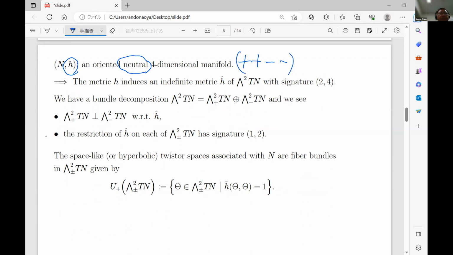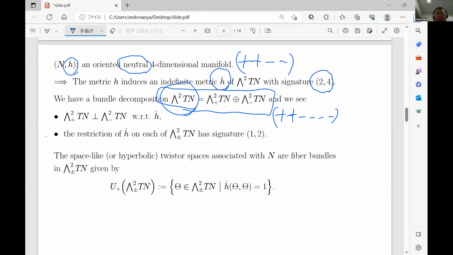Then the metric H induces an indefinite metric H hat on the twofold exterior power of the tangent bundle with signature (2,4): plus, plus, minus, minus, minus, minus. We have a bundle decomposition. This bundle is of rank 6, and these two subbundles are of rank 3.